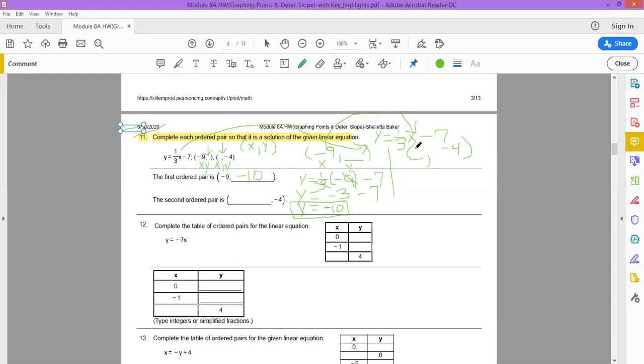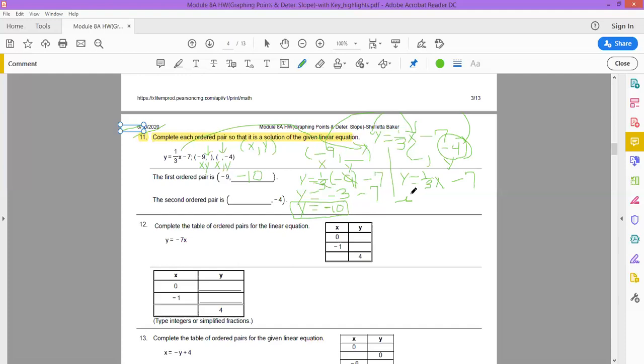Now let's look at the second ordered pair. Remember, we have an empty space for x, but you are given the y-coordinate. So we'll take that y-coordinate and substitute it into the equation we were given. y equals 1/3 x minus 7, but where y is, we're going to replace it with -4.